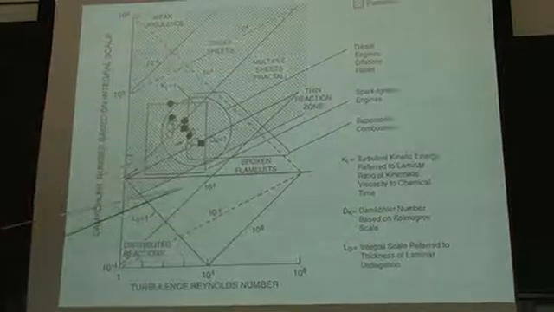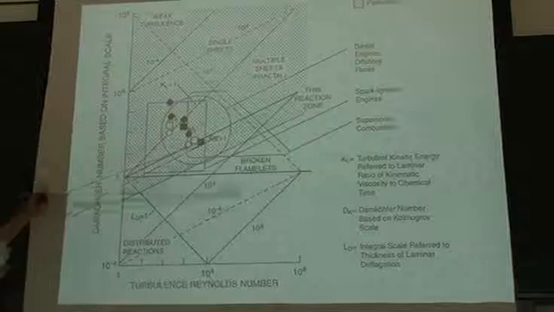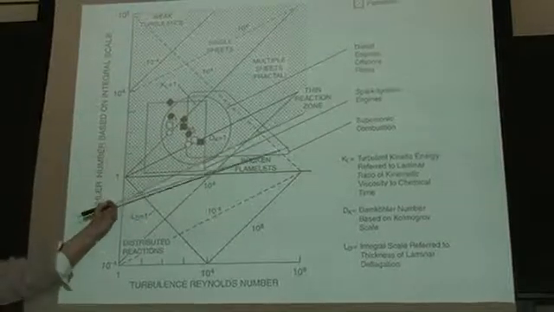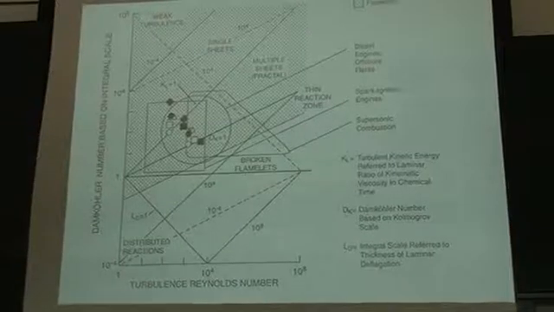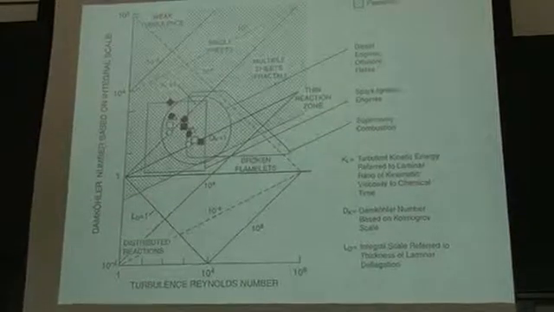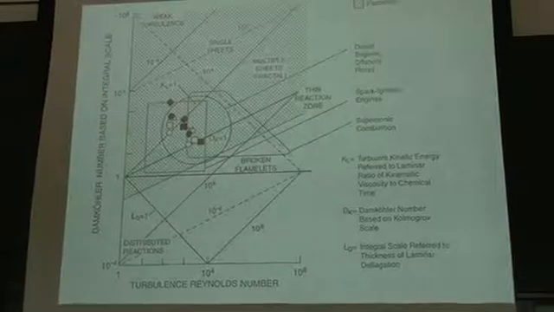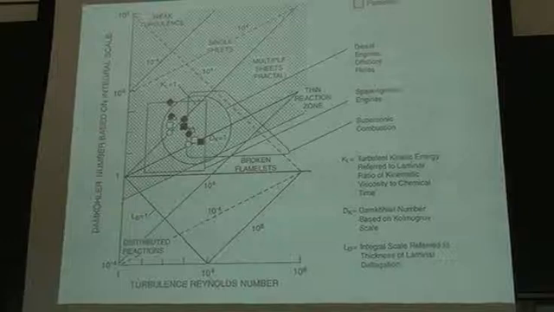They tend to be somewhat more toward distributed reactions, but the point is that the applications for the most part seem to be in this shaded flamelet regime, which is why we spend a lot of time looking at flamelets, more so than distributed reactions.